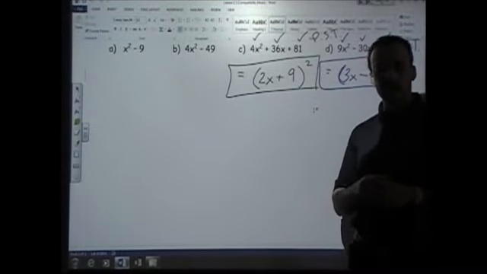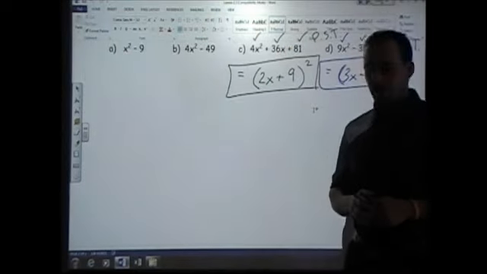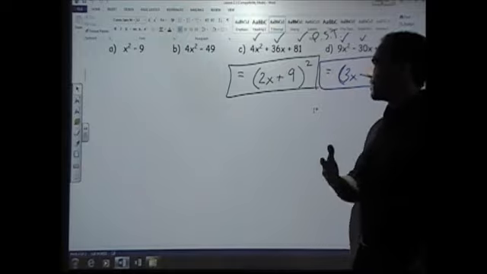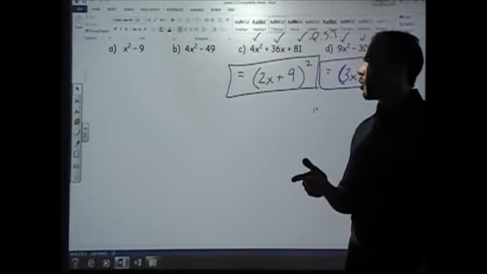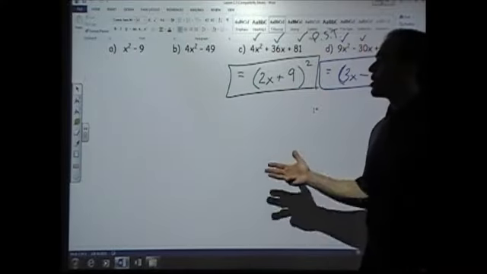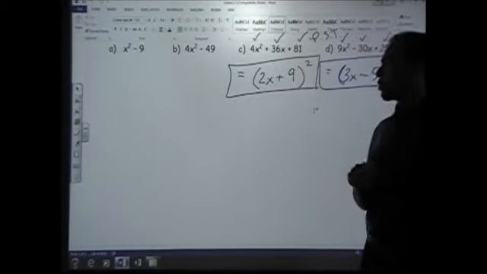Not all trinomials are like that, obviously. And then, is it a difference of squares? You also have to know that. So those are the four main ways of factoring. Again, common factor, simple trinomials, complex trinomials using decomposition, and then special products such as difference of squares and perfect square trinomials.